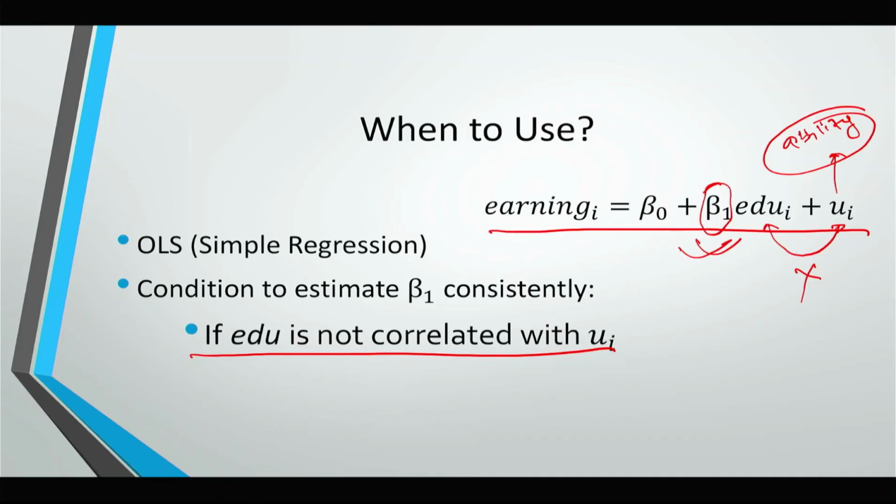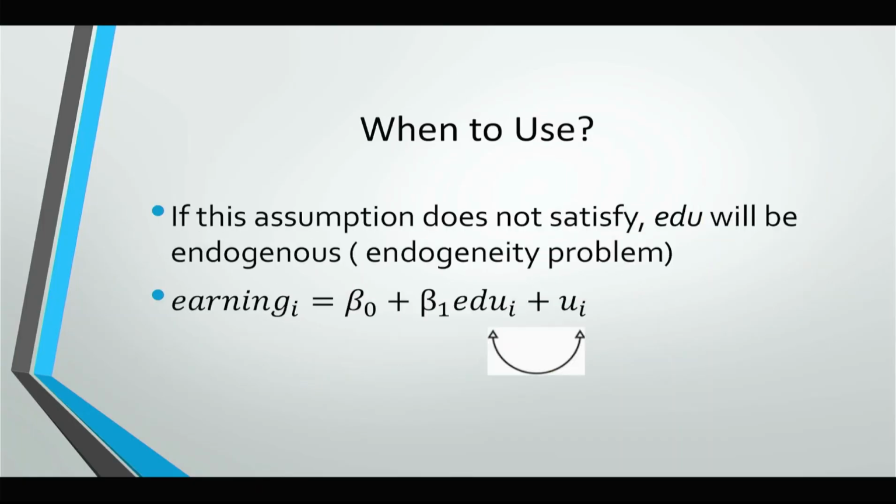If you want to know more about the endogeneity problem, I explained it in a previous video, you can check it. So what if this condition doesn't hold? If this assumption is not satisfied, then the education variable will become endogenous, right?